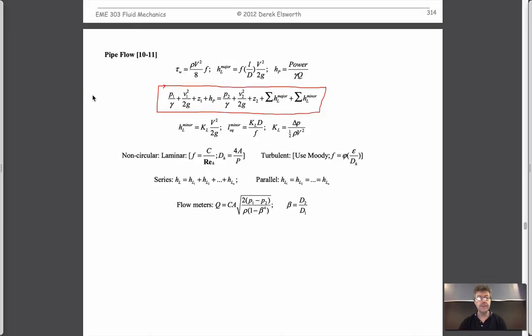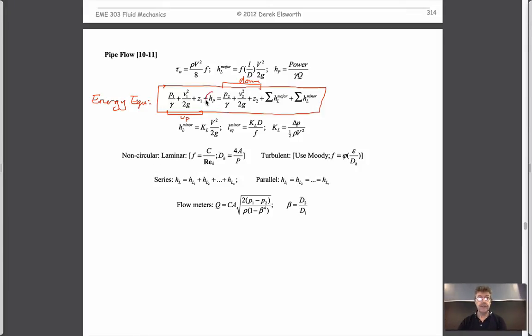This is our energy equation, written in one dimension, so it's the Bernoulli equation. It's an energy equation because of a couple of things, right? This has to be upstream, always. This has to be downstream, just by our convention.